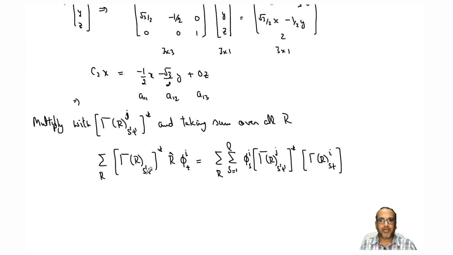Okay. So this is simple. All I have done is I have multiplied this particular factor on both sides, and I have taken the summation over all r.